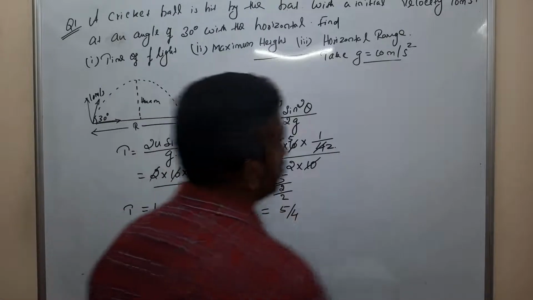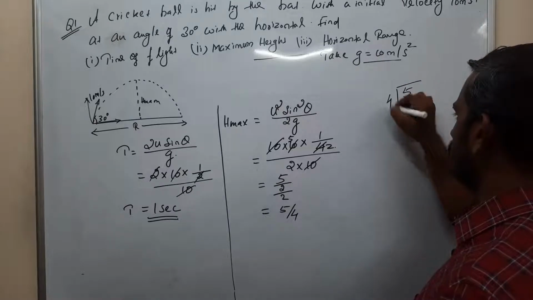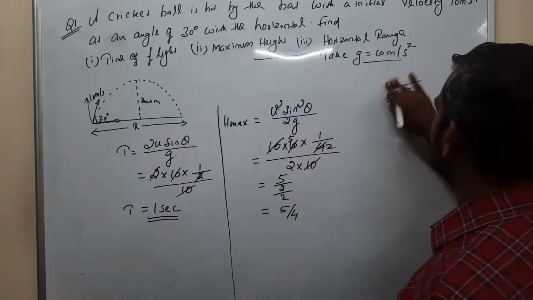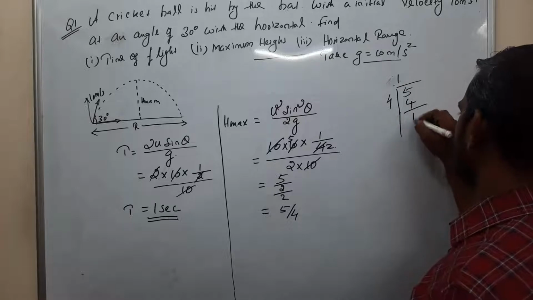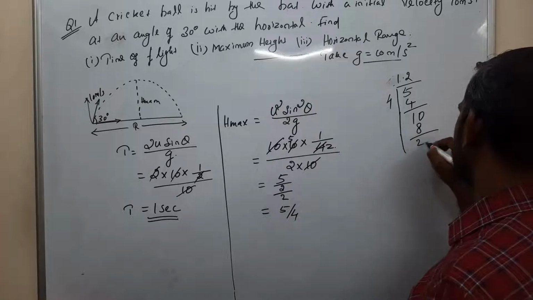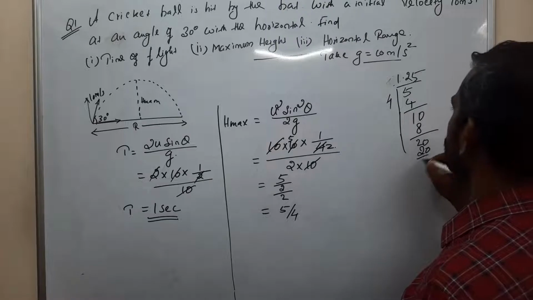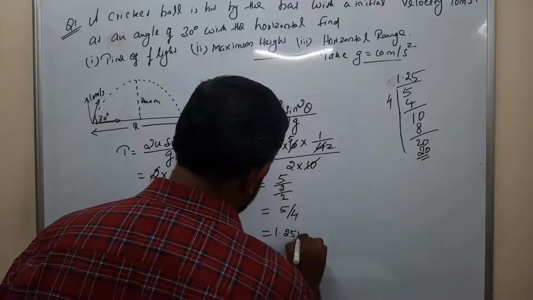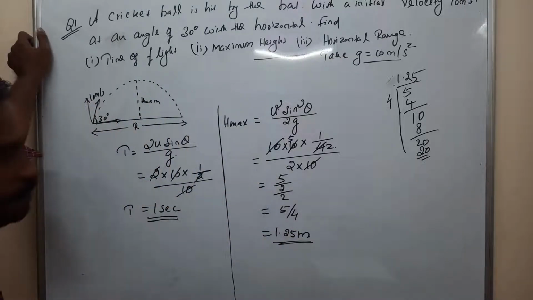So what is 5 divided by 4? 1 times 4 is 4, so 1.0. 2 times 8, it is 2, 0. 5 fours are 20. That's equal to 1.25 meter. Clear?